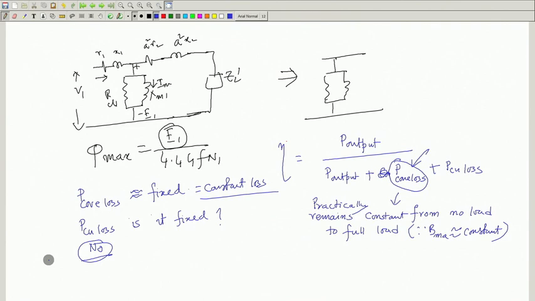As you change the load, the currents I2 and I2 dash will change. What do you mean by loading? From no load condition, I will draw the actual diagram, Z2. You are varying Z2 to vary the load on the transformer.